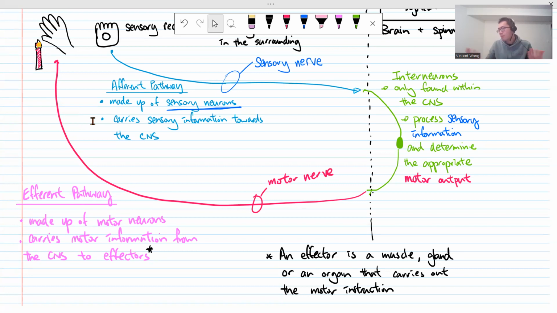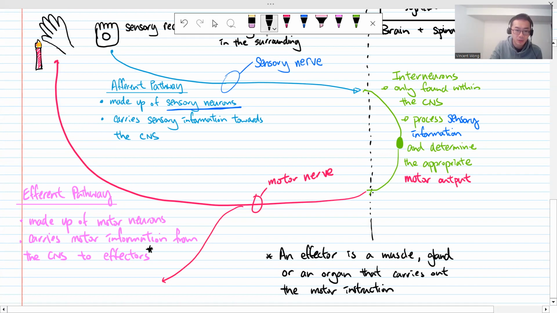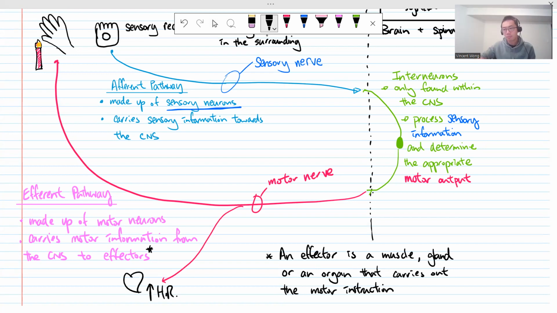But maybe your heart rate goes up a little bit, right? Because you get scared. So these motor nerve pathways are not necessarily just going to go to one single target. It's possible for this to branch off and cause your heart rate to increase. It's possible to have multiple outputs.